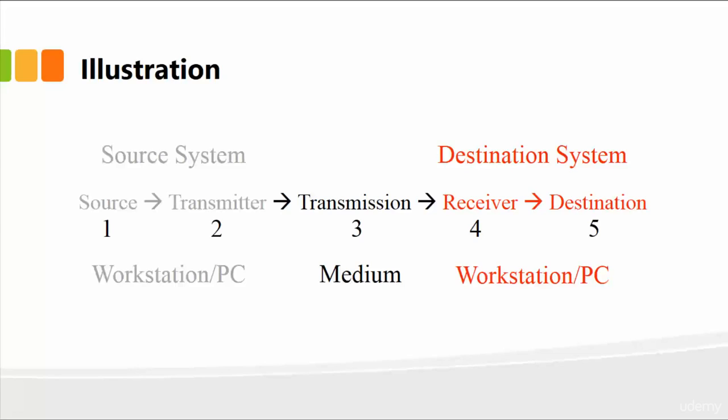In between, which is number 3, is actually the medium of transmission, cable, wireless, and so on. So just a simple workstation PC sending data from one to the other, and the middle is the actual medium of transmission. So I hope this helps. Practice with these concepts, and let's move to the next lesson.